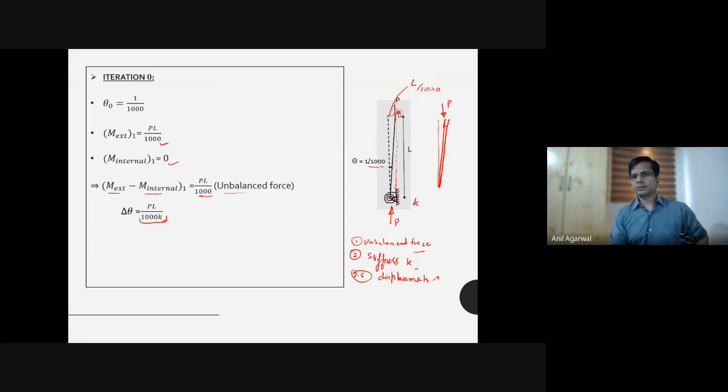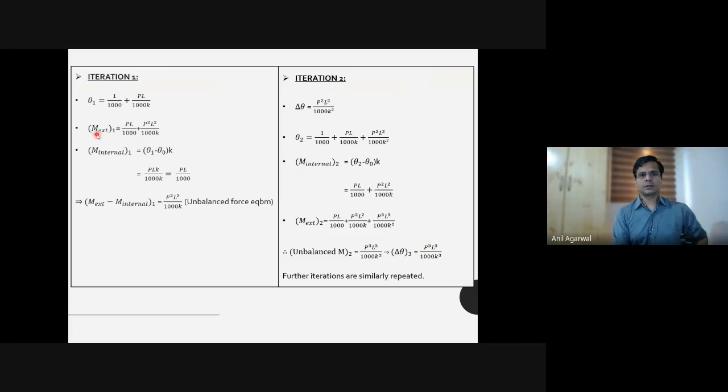So external moment depends on where the P is with respect to the perfectly vertical line. Right? So that is theta 1 multiplied by P, so multiplied by PL. So PL by 1000 plus P square L square by 1000 K. Agreed? This is your external moment.